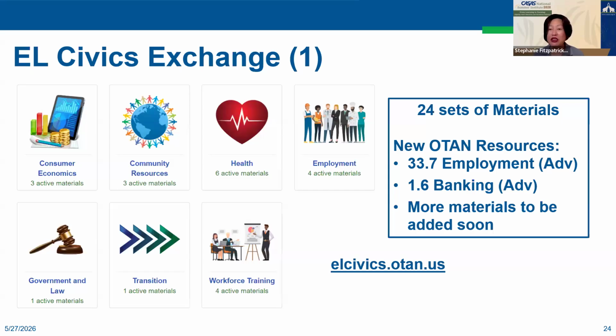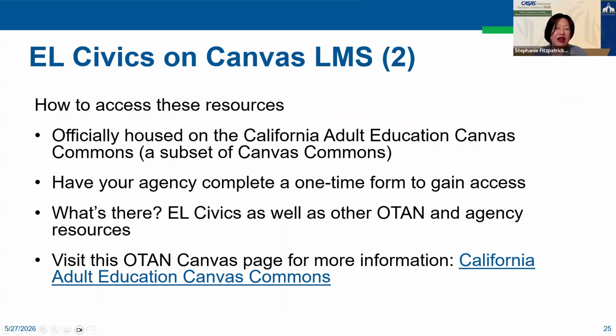There is going to be a Summer Institute presentation by OTAN talking about these new materials from OTAN. The link to the ELCivics Exchange is here, elcivics.otan.us. And then some instructions on how to access these new resources.